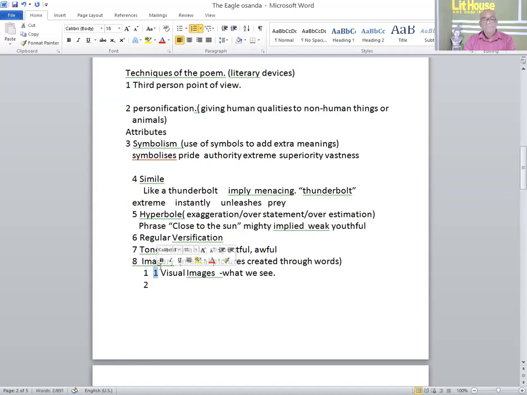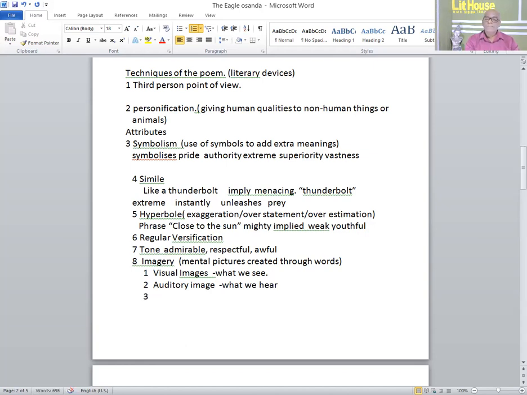What is the second one? Auditory images. Very nice. Auditory image: what we hear.